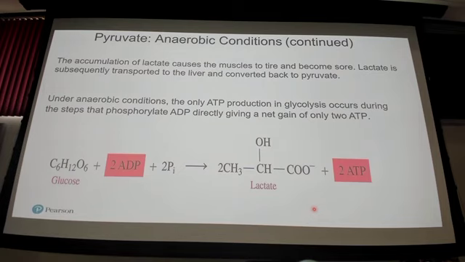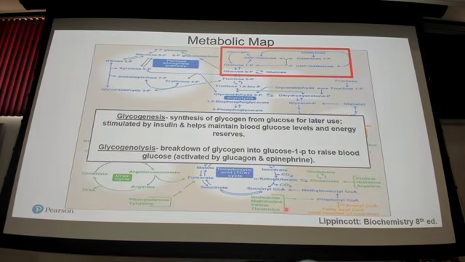Okay, and so under anaerobic conditions, this lactate is going to take away one of our NADH molecules, and so that's going to decrease the amount of ATP our body can produce. And again, we're going to talk about that in the last lecture of this block.